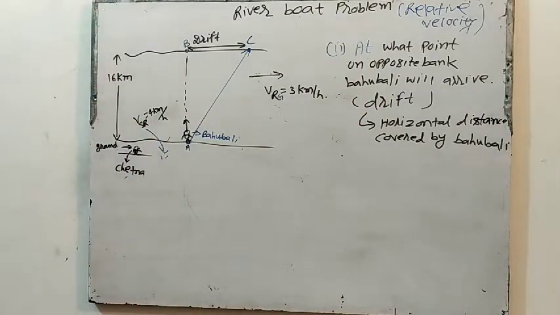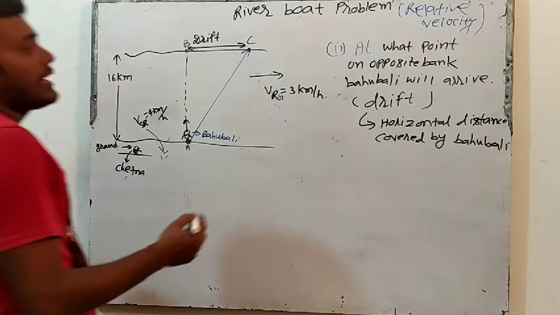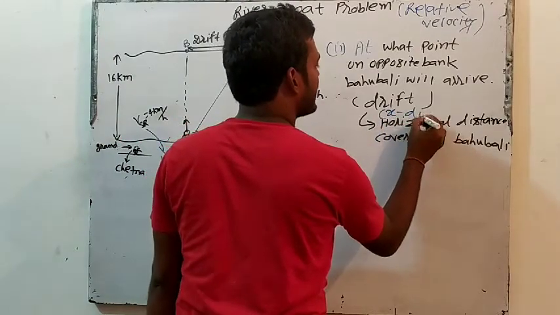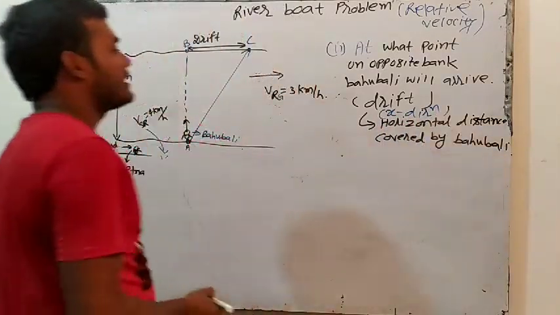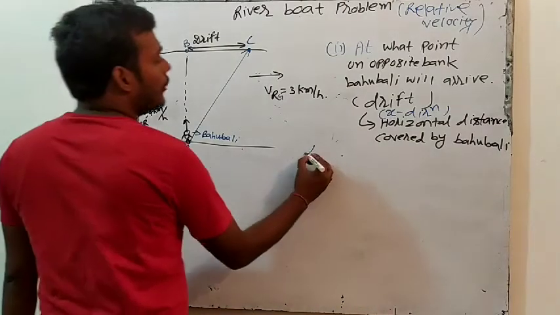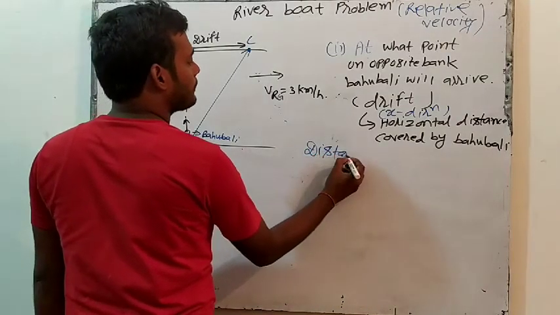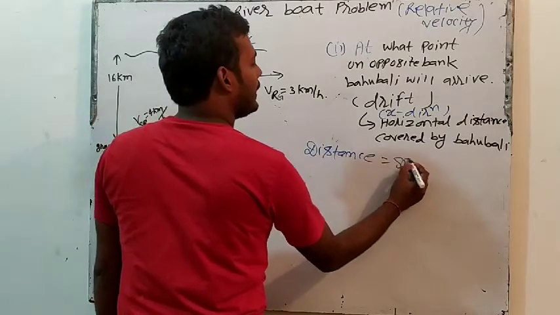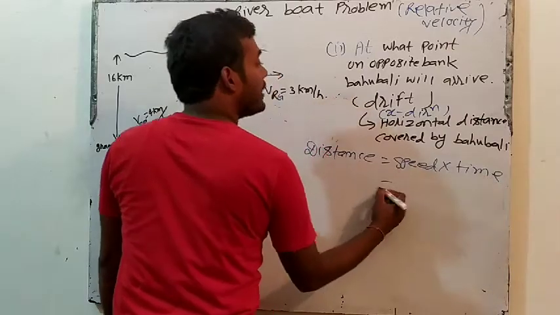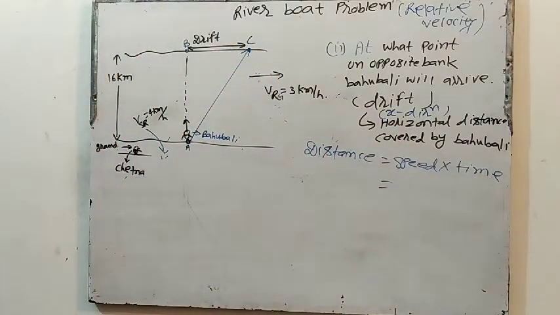Can you calculate BC? See how we will calculate BC. Drift means distance covered in horizontal direction, means x direction. Can we calculate? Distance is equal to what? We know distance is equal to speed into time. So which direction speed we have to take? X or y?